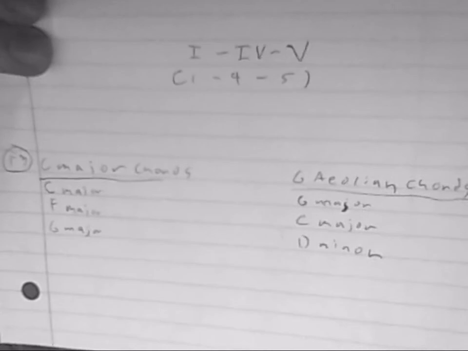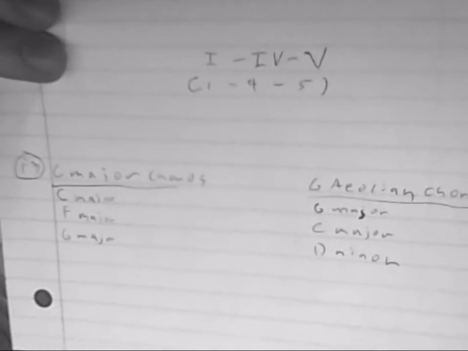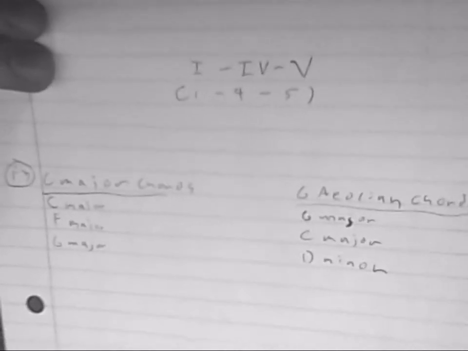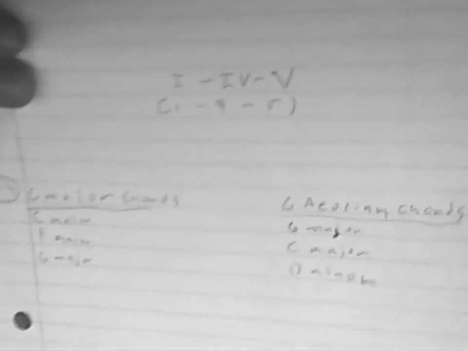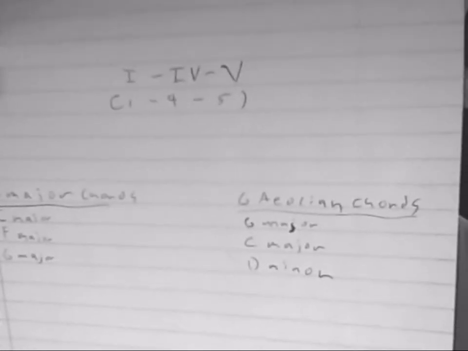what I'm getting at. You have a C major chord, F major chord, and G major chord. That's your 1-4-5 for your C major, or Ionian. Now, you look at your G Aeolian chords. You have G major, C major, and D minor. Same progression, 1-4-5, but you see different chords.